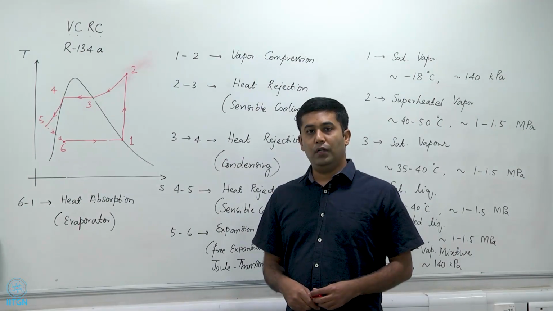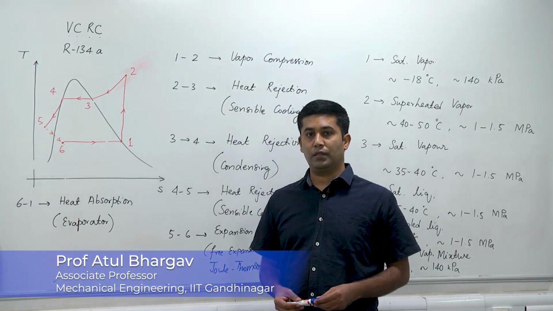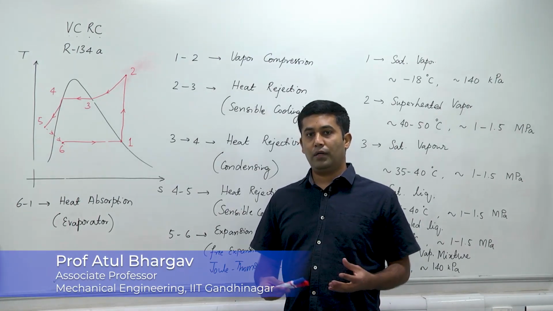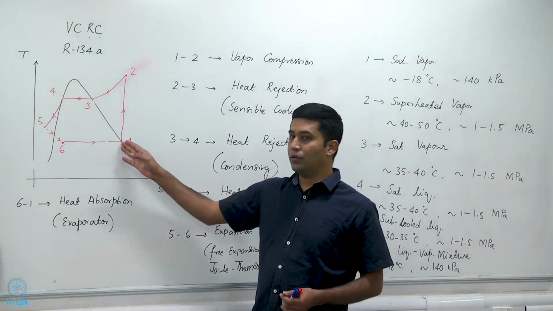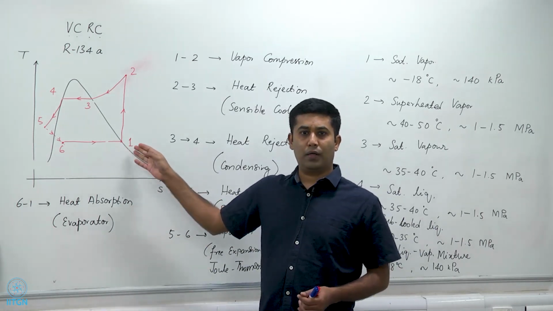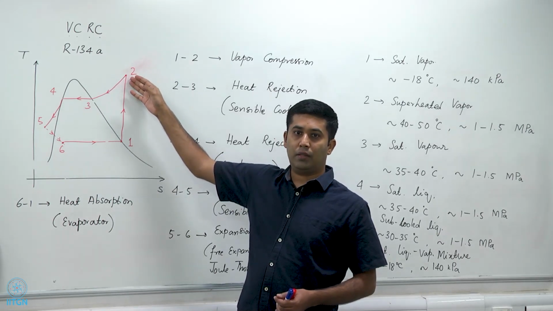So in the previous video, we looked at the basics of how a vapor compression refrigeration system works and how it looks on a TS diagram, where we start from a saturated vapor or a slightly superheated vapor and compress it to a superheated vapor at a high temperature and pressure.